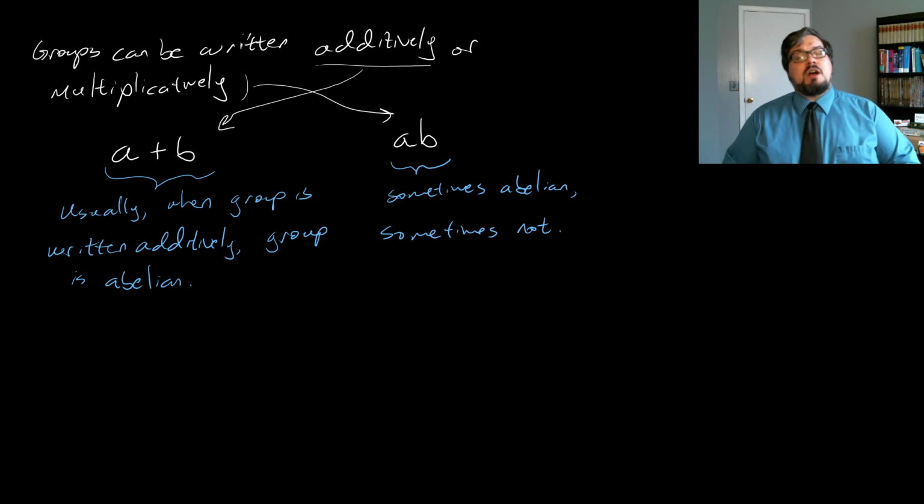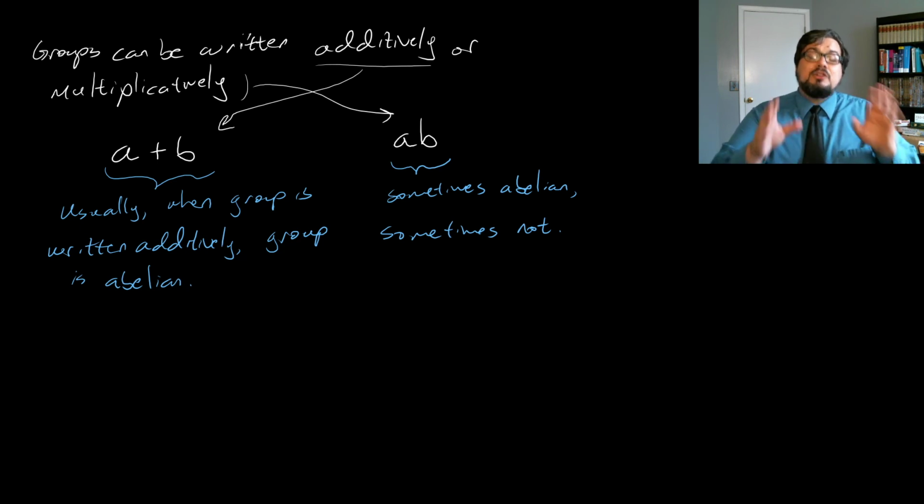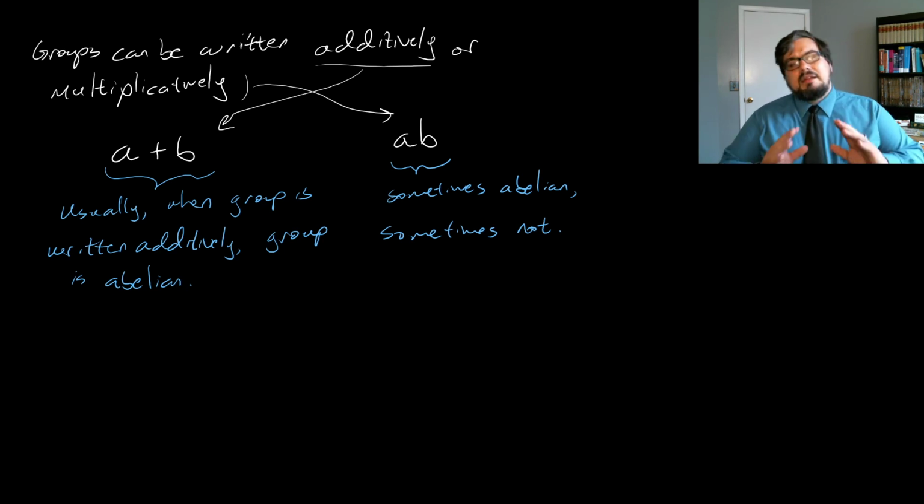Or even the cross product of vectors, that could be understood as an algebraic operation which is not commutative. And so when we write down a group, we should always specify. Never let the mere notation of the problem tell you whether something is abelian or not. However, typically, addition is only used for abelian groups and commutative operations.